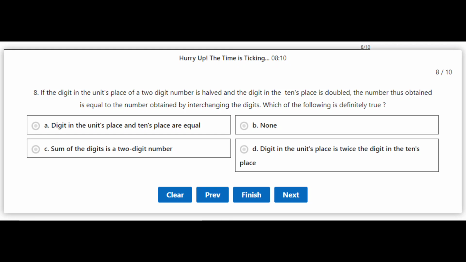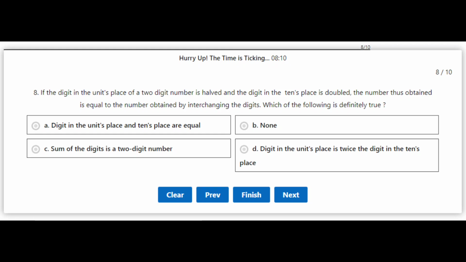If we look at the statement given in the question, it says that the digit on the units place of the 2-digit number is halved. That means the digit on the units place will be like x by 2, and the digit in the tens place is doubled. That means the tens place digit will be like 2x. So after performing the operations in the first statement, we obtain a number which is equal to the number obtained by interchanging the digits.